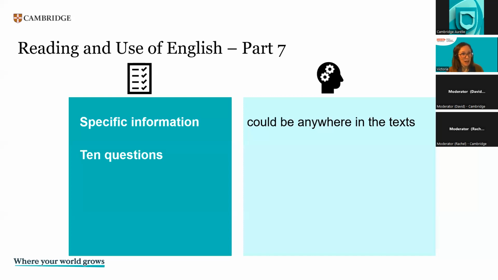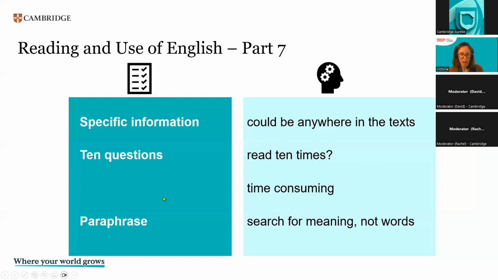And as Abril said, we need to underline keywords in the 10 questions. It is very important. We are not going to read 10 times. Okay, this is very time consuming. So it's important that we underline the keywords and that we are ready to identify paraphrasing. Okay, so we're going to be searching for meaning, not words.